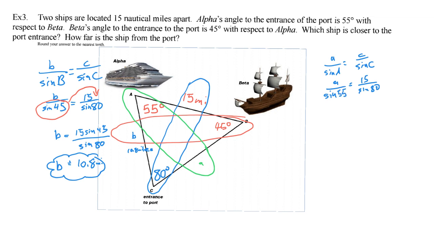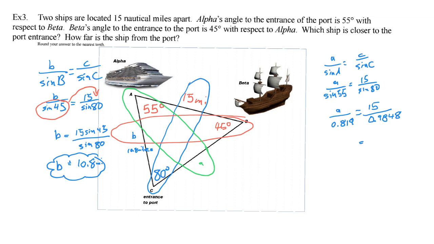So now let's do the math that we did before, where we just change the sine of 80 into a decimal and the sine of 55 into a decimal. So now you're going to get A over 0.819 is equal to 15 over 0.9848. And here we go.